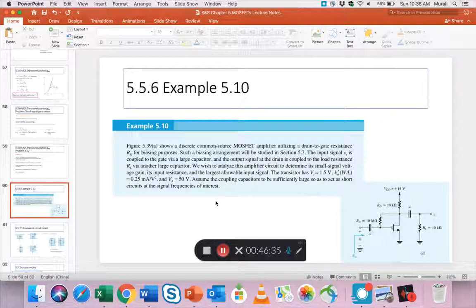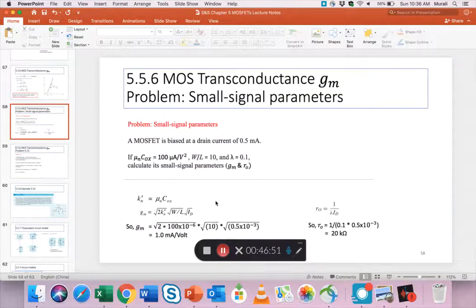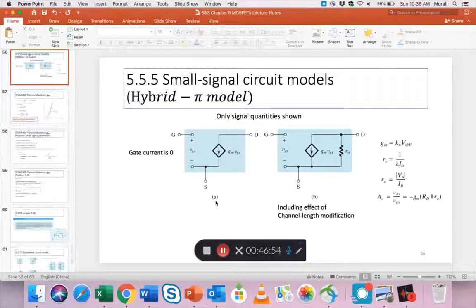So he doesn't mention it, but here in the solution, the writer has used the small signal model to answer questions. That's why this is in this place in the chapter. It's just after we have studied all these models. If you go back to slide 56, there's a model there.